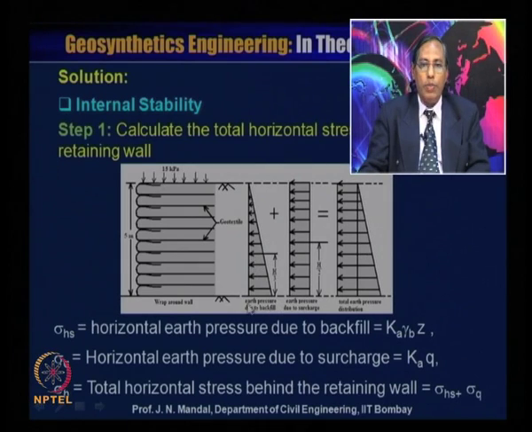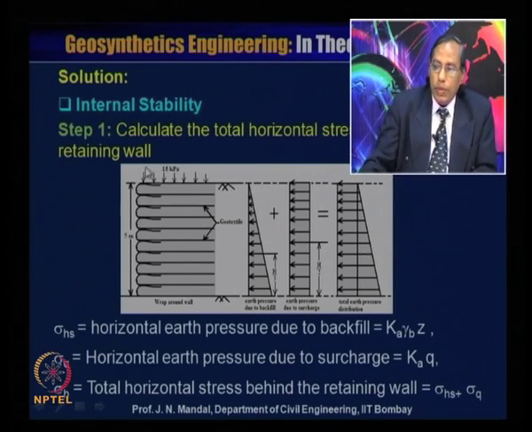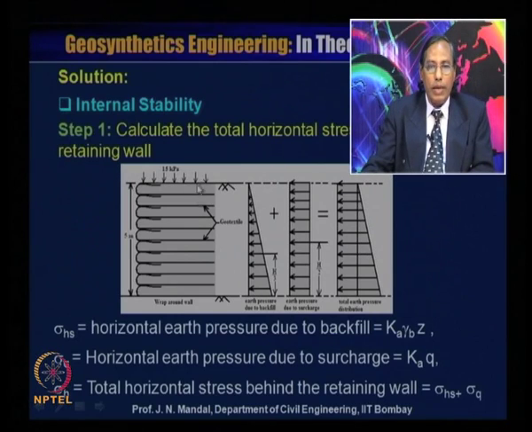So horizontal earth pressure due to the backfill will be equal to Ka into gamma b into Z. At any depth you can calculate what will be the horizontal earth pressure due to backfill. This plus the horizontal earth pressure due to the surcharge load. Here there is a surcharge Q of 15 kilopascal. So surcharge is given, and you can calculate sigma Q.